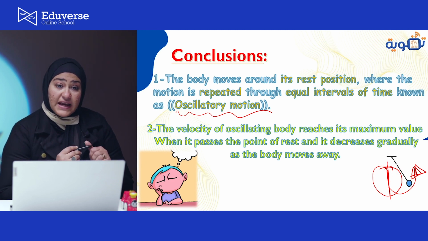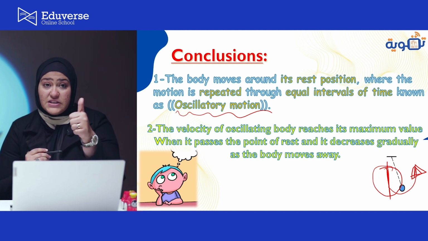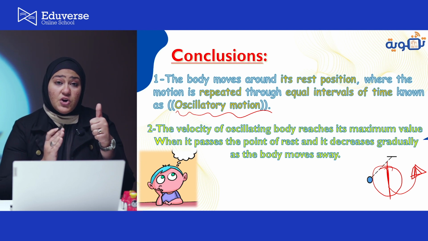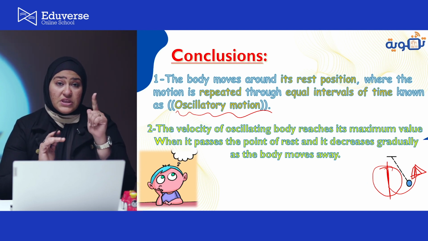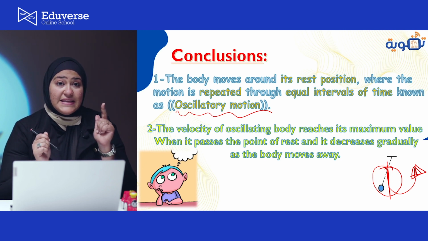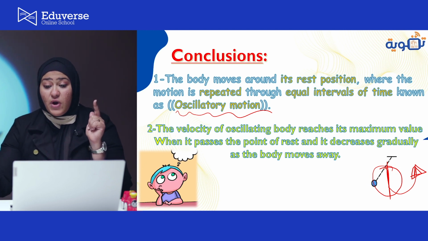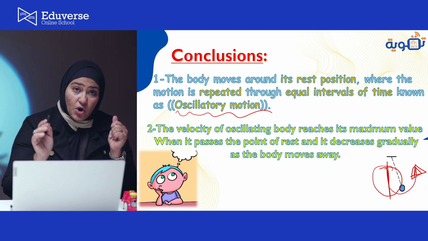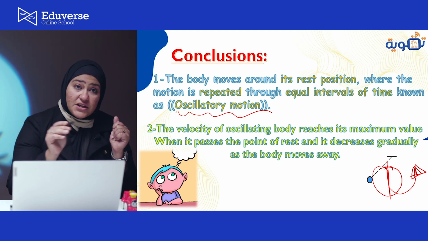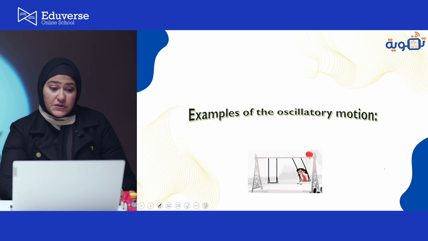So we conclude that the body moves around its rest point where the motion is regularly repeated at equal periods of time. Number 2, the velocity of the body decreases as we move away from the rest point, and it increases as we go to the rest point or pass by it.